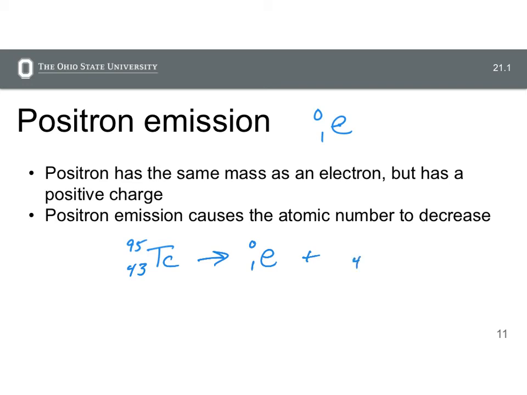Okay, so we should have a nuclide with the atomic number 42, and that's molybdenum. And again, the mass number remains the same at 95.